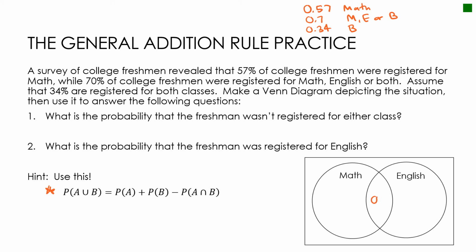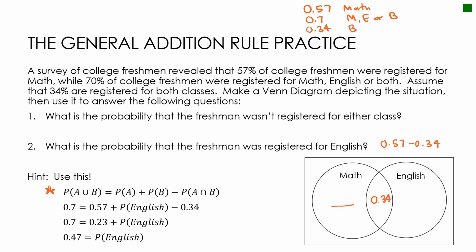So all I can do right now is I can put that 0.34 on here, and I can figure out the number that should go over here, because if math is 57%, I should be able to take away 34% and figure out how many are just in math but not English, and that of course would be 0.23. But what I'm looking for is, I don't know English, and I don't know that part on the outside, and how am I going to figure that out?